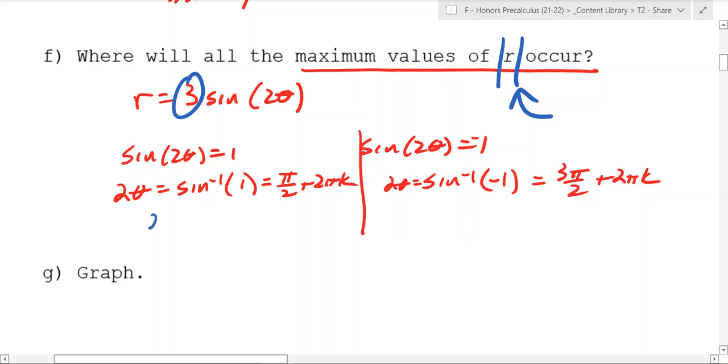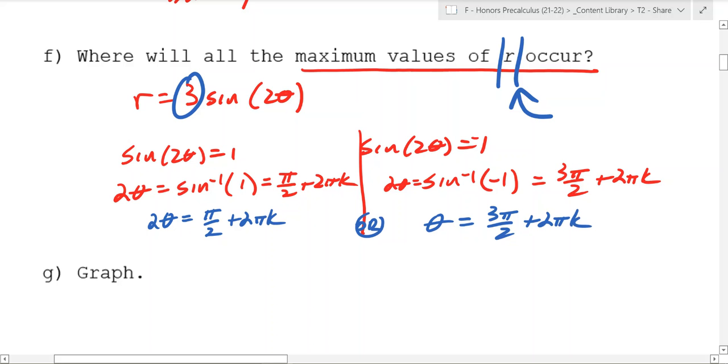So 2 theta is either equal to pi over 2 plus 2 pi k, or 3 pi over 2 plus 2 pi k. Divide by 2 and you end up with theta equal to pi over 4 plus pi k, or theta equal to 3 pi over 4 plus pi k.